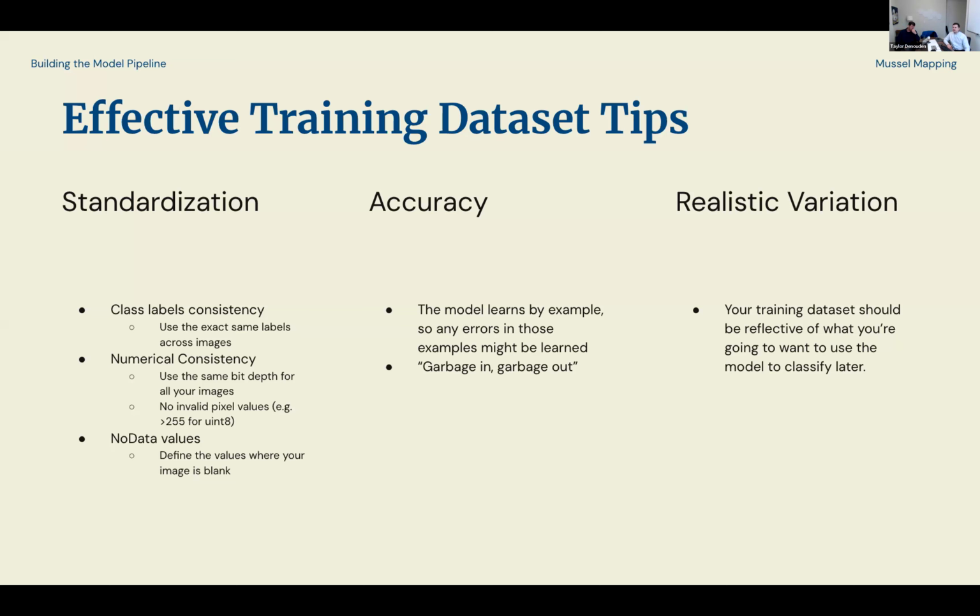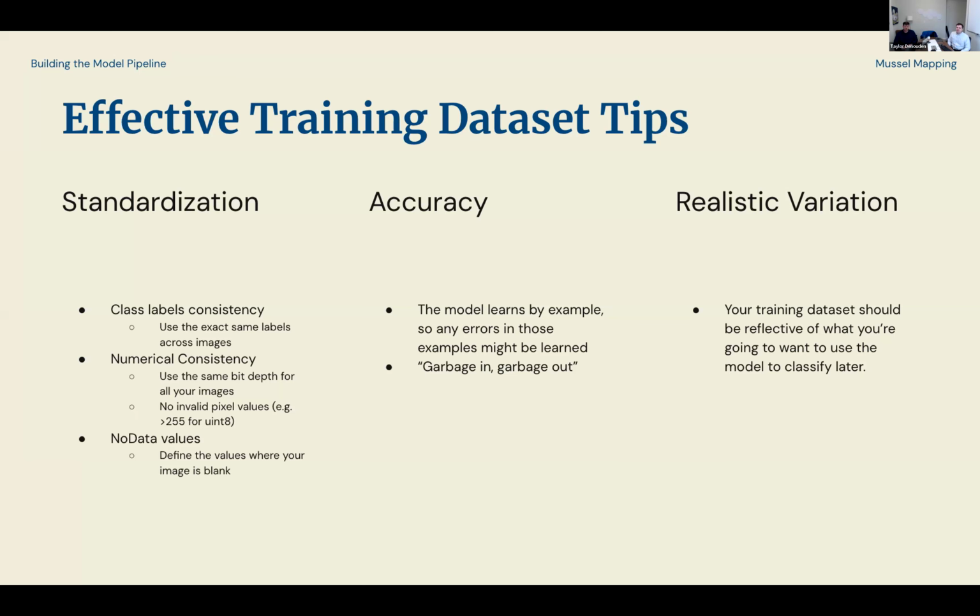So often this means standardizing your bit depth to byte type or unsigned integer, which is just a technical way of saying that the pixels have a range of 0 to 255, and that you don't have any pixels that are -1 or 256 or something to mark where there isn't data. Instead, what you should be doing is using no data metadata values in the image so that your model can use those to figure out what areas are blank imagery.